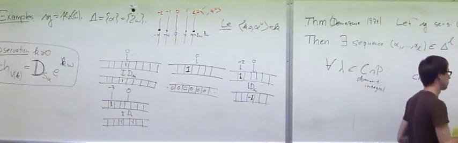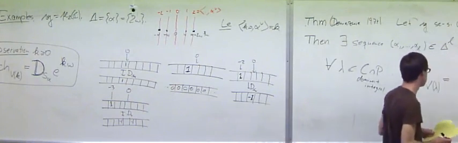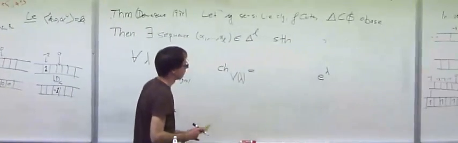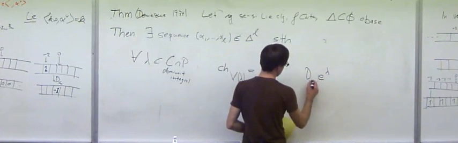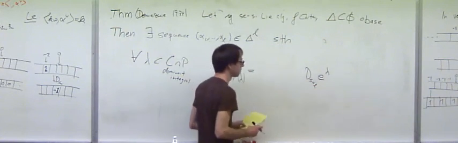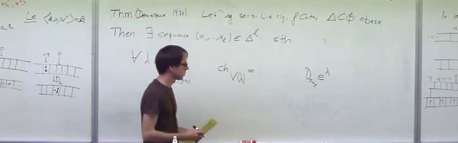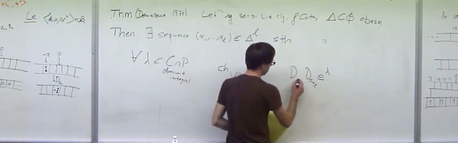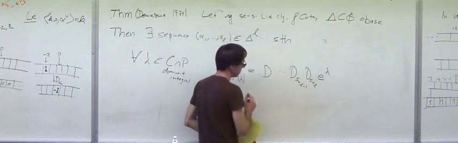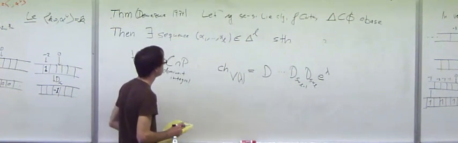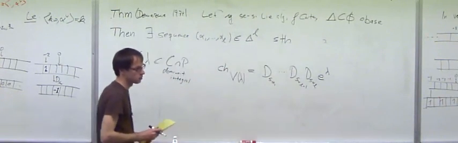Well, we start with the element e to the lambda. So this is this dominant integral weight. Then we apply d s alpha L, the Demazure operator associated with the last element of the tuple, then d s alpha L minus 1, and so on up to d s alpha 1.